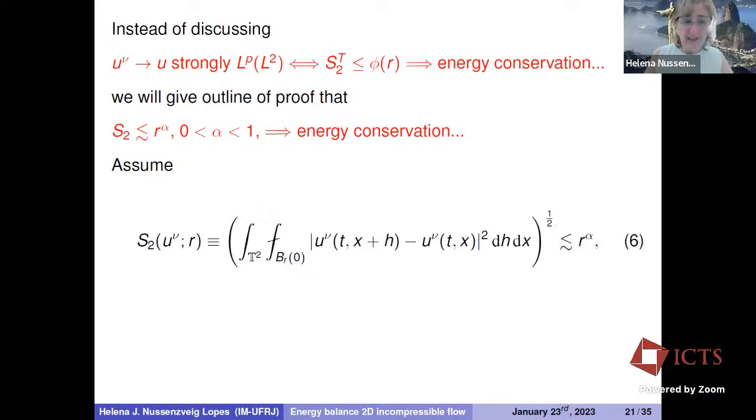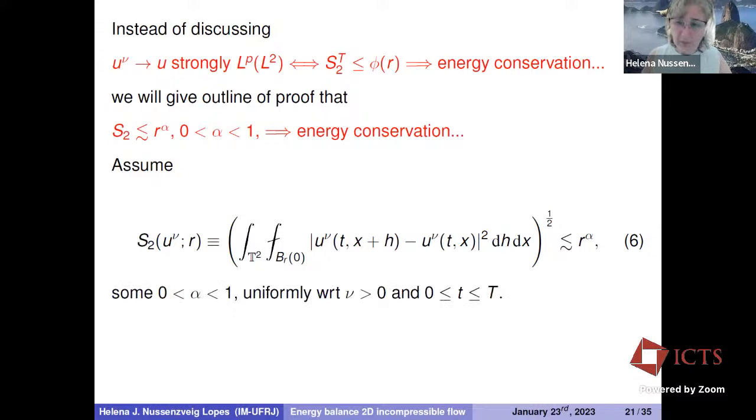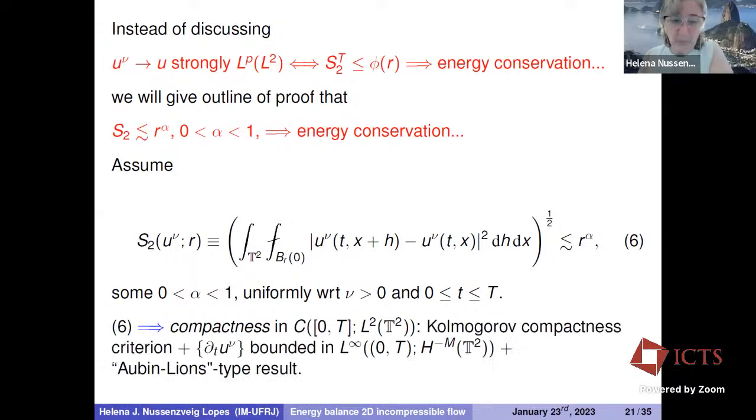So assume that S2 of U nu at R, which is the structure function here for each time fixed, is similar to R to the alpha. Assume that this holds uniformly with respect to nu, and uniformly in time. Then we know that this implies compactness in C of 0 T L2.